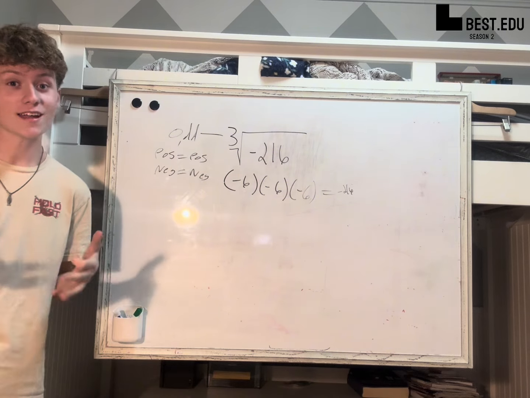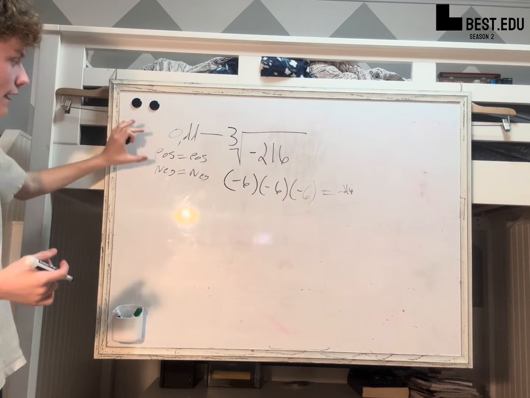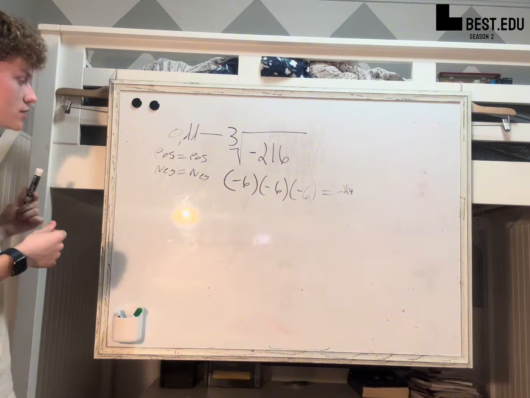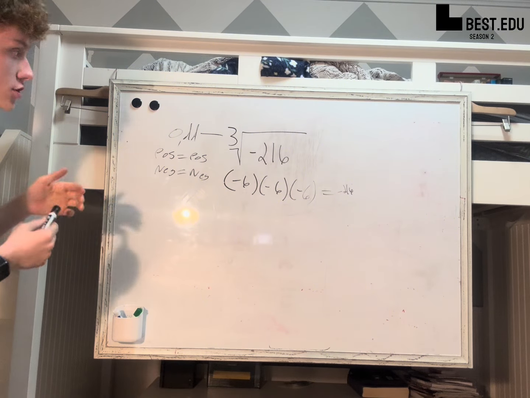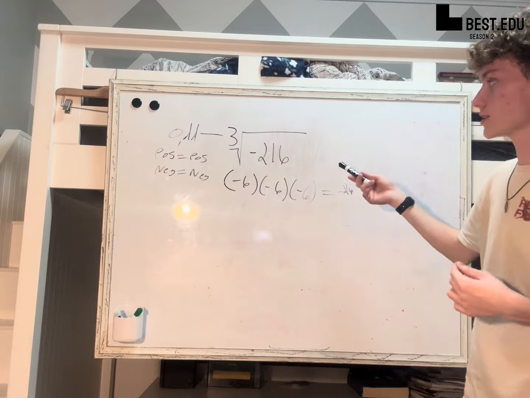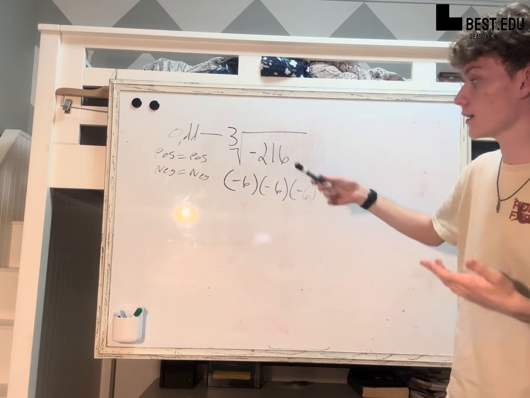Either I wasn't paying attention or it just didn't come across right. I'm going to explain this part more. So positive equals positive and negative equals negative means that the answer that we get from here is going to be positive if this is positive, or negative if this is negative.